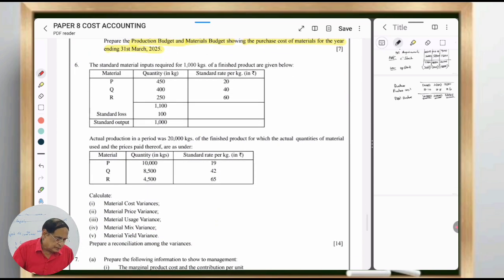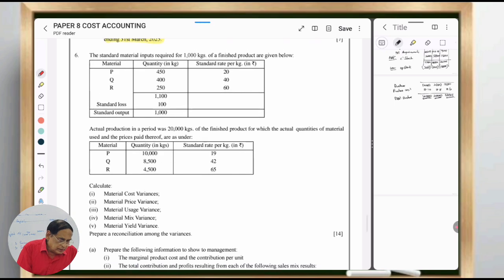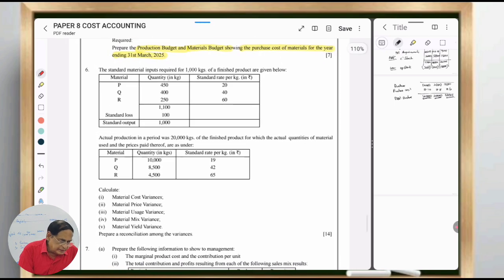Question number 6. The standard material inputs required for 1000 kg of the finished product are given below: P, Q, R. The quantity of P is 450.